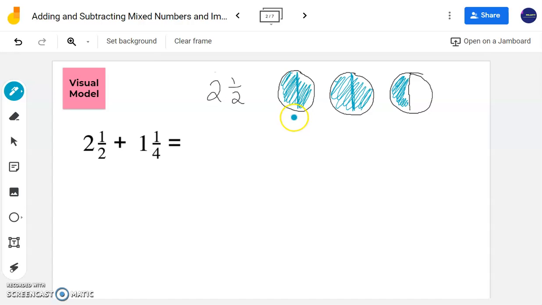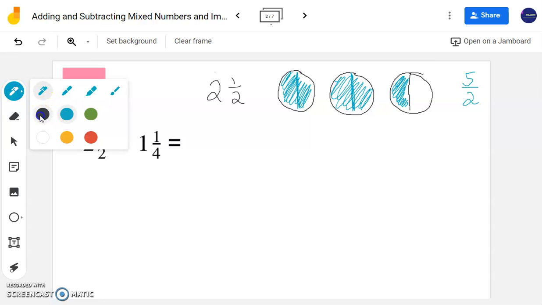Now, every mixed number we can also represent as an improper fraction. So if I counted how many halves I have here, I have 1/2, 2 halves, 3 halves, 4 halves, 5 halves. So in fact, I can also represent 2 1/2 as an improper fraction known as 5 halves.